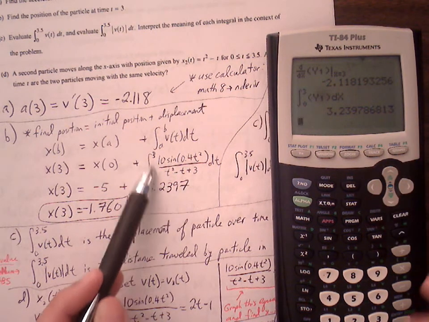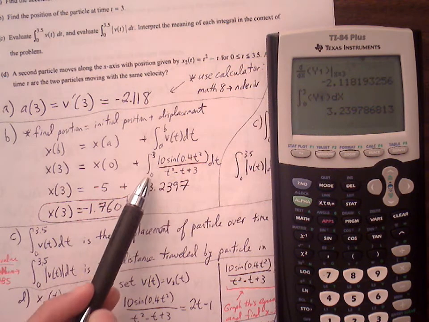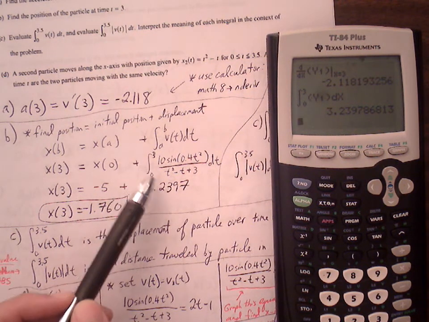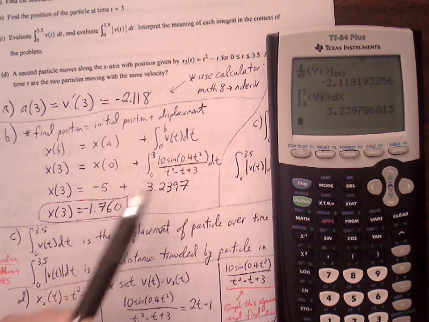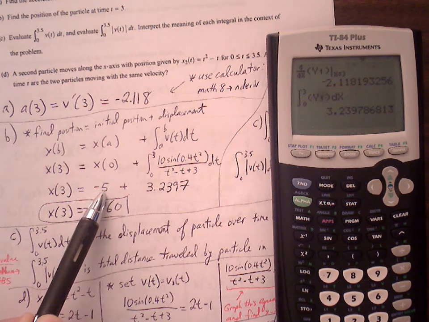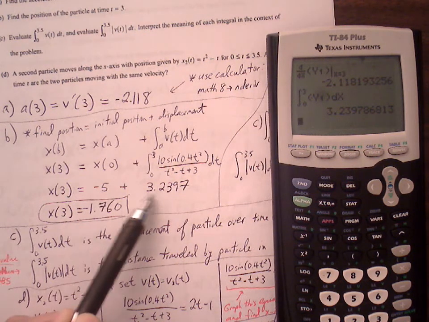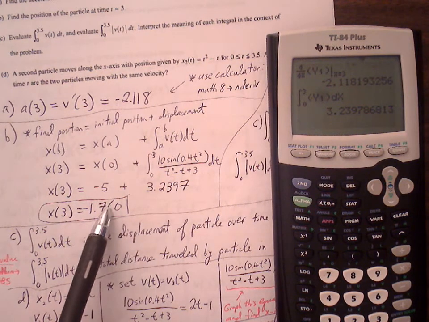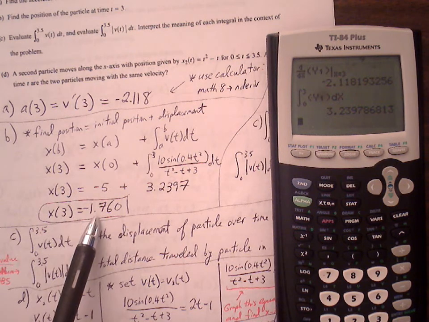This particle traveled a distance of 3.2397 in this time interval. If I combine that with the initial starting position, then if he starts at -5 and moves 3.23 units to the right, he's going to end up at -1.760, and that is the final position.